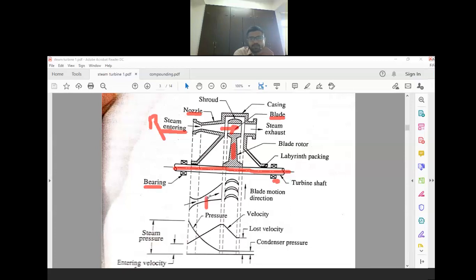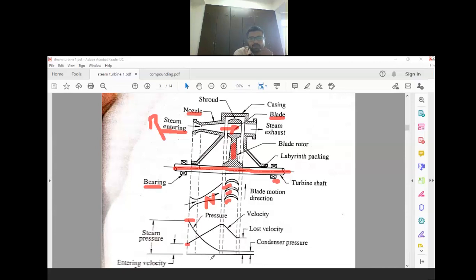So this is our nozzle in which pressure is converted into velocity. Then after this steam will go towards the blade. It will strike with the blade and rotate. So again the same thing is explained here, but by use of a pressure velocity diagram. We all know that at the entry of the steam turbine we have high pressure and low velocity.